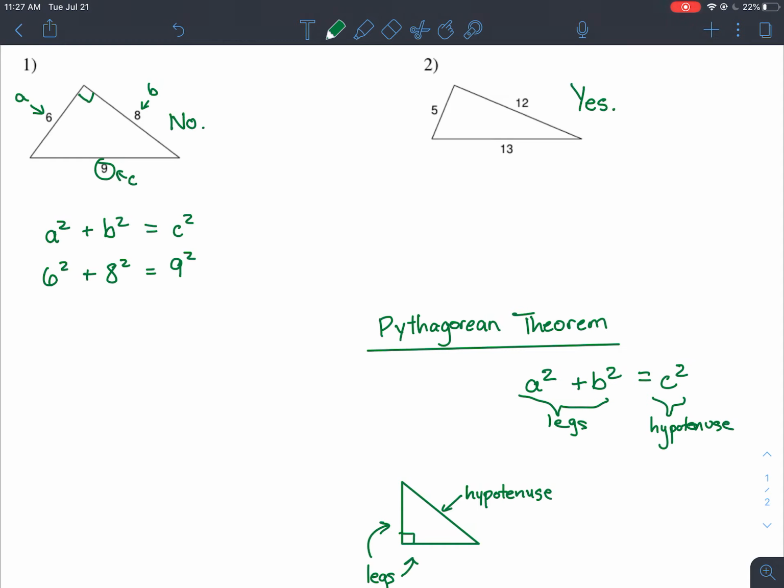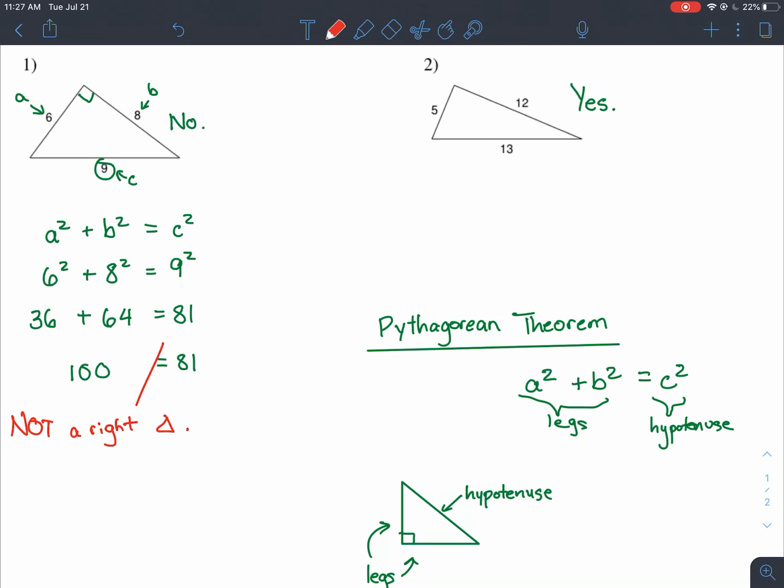And then when we solve for the exponents and complete, we have 36 plus 64 is equal to 81. And then once we do the math here, we have 81 on this side, and we have 100. Now, 100 is not equal to 81, so it is not a right triangle.